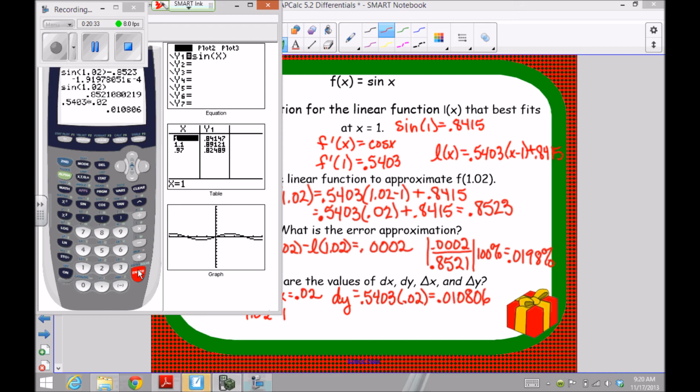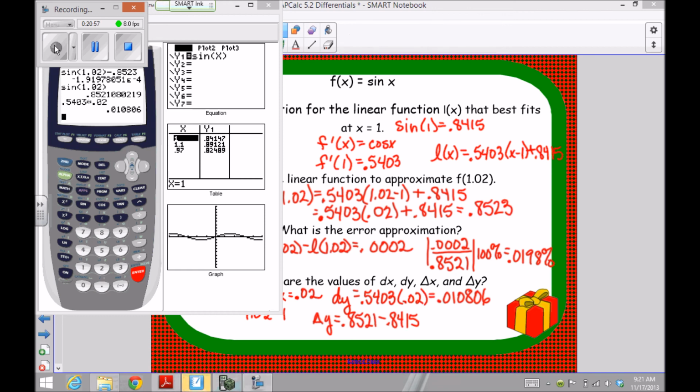And our delta y is my value of 0.8521, the actual, minus 0.8415, the y value from my tangent line, and my y value that was actually the value at 1.02.